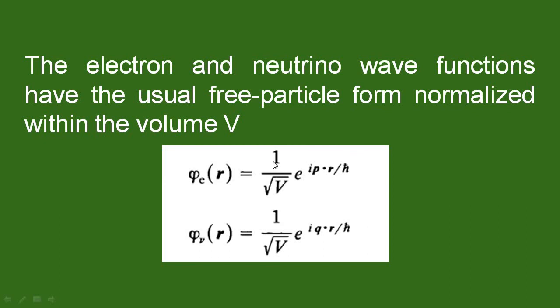For normalization, you commonly use 1 by root V. So 1 by root V e raised to i p dot r by h cross. This is the wave function of the electron, and similarly, by replacing p with q, you get the wave function for the neutrino.